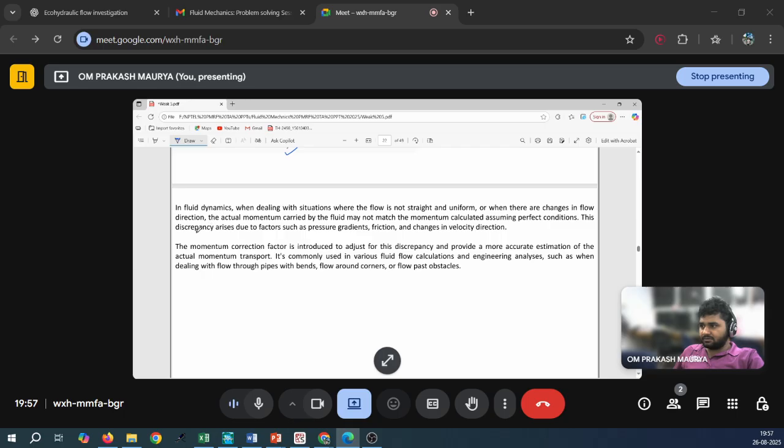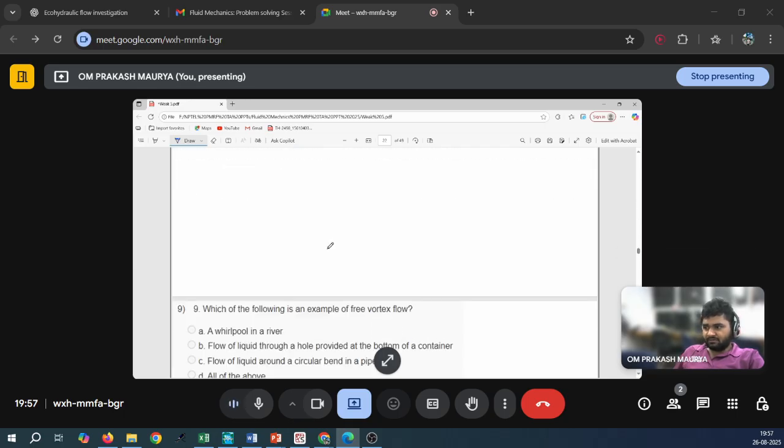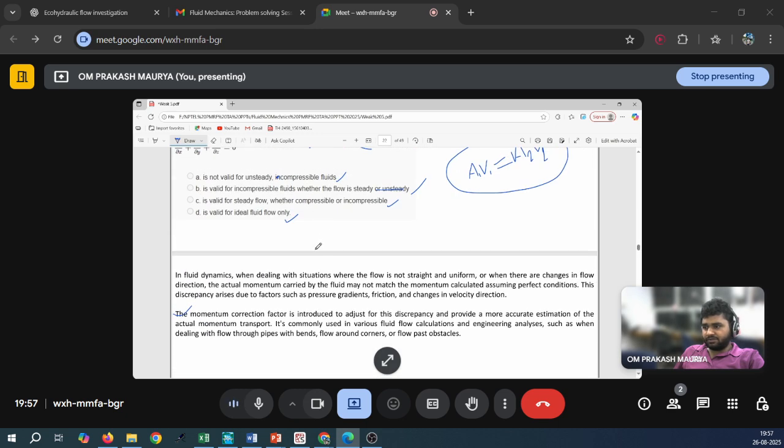Here this statement is talking about the momentum correction factor, not about this equation. So once you go through this document, please remember this is about the momentum correction factor. So only one option remains here, that is option D, valid for ideal fluid flow only.